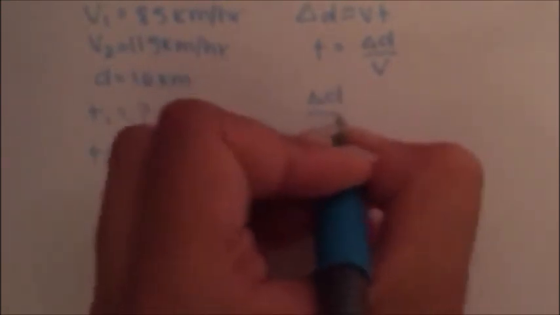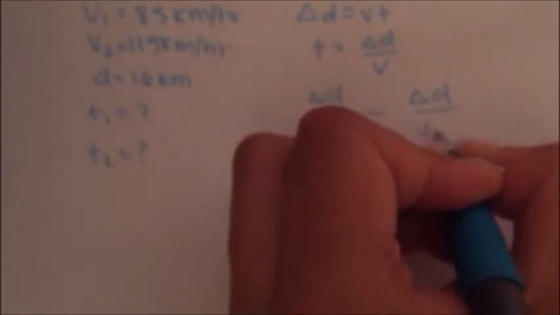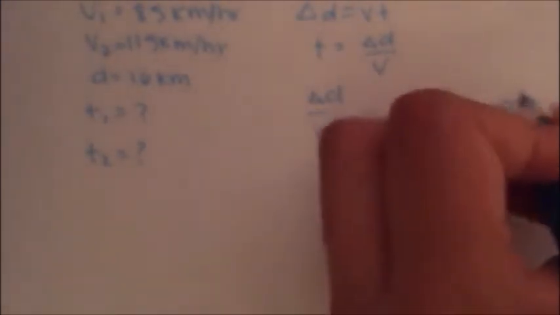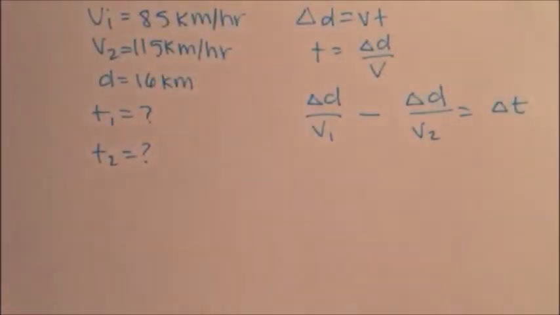So traveling at a constant velocity, the equation we use is distance equals velocity times time. And we're going to try to get the difference. So first we're solving for time, so time is distance over velocity, and we're trying to get the difference between the two. So what we're going to do is distance over velocity of 1 minus distance over velocity of 2, which is going to give us the difference in time between the two cars.